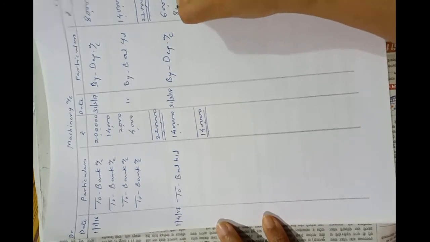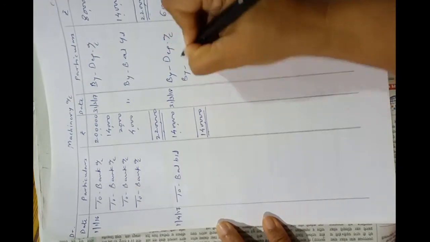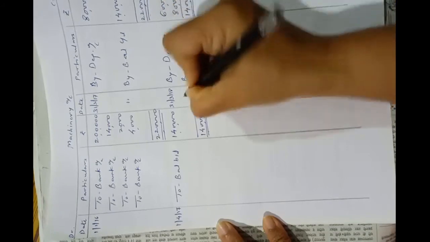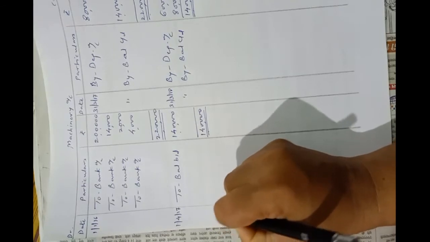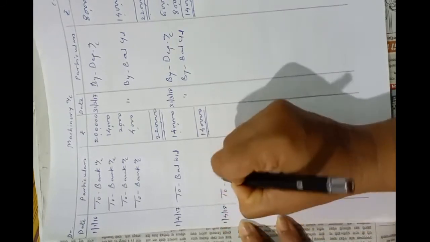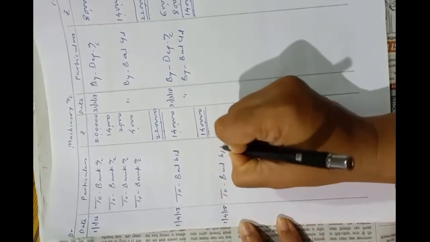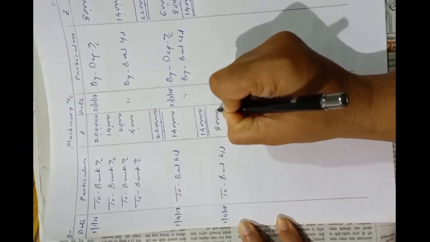So after deducting depreciation, the balance will be rupees 80,000. By balance carried down on 31st March 18. It will be brought down at the beginning of third year, that is on 1st April 18. To balance brought down 80,000. Understood?